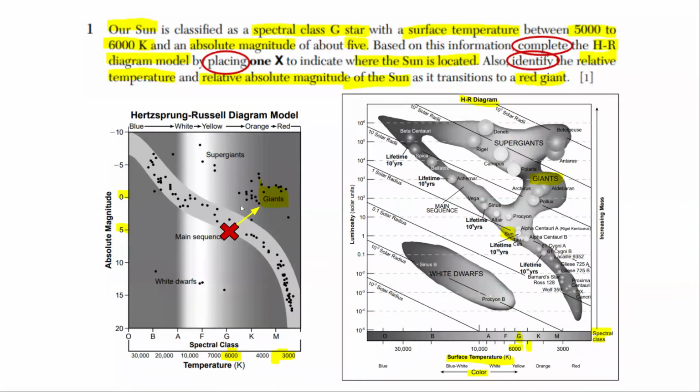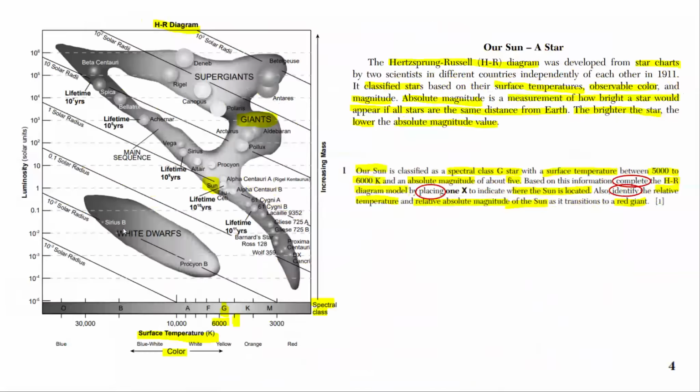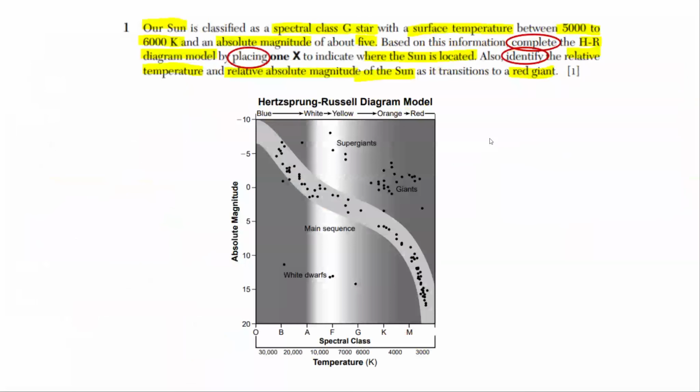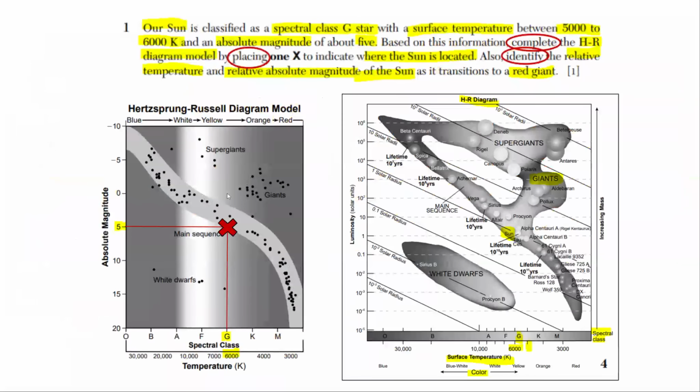And it looks like red giants have an absolute magnitude of 0, and the sun has an absolute magnitude of around 5. But remember, now I'm going back: the brighter the star is, the lower the absolute magnitude value. So this must mean that giants are actually brighter.